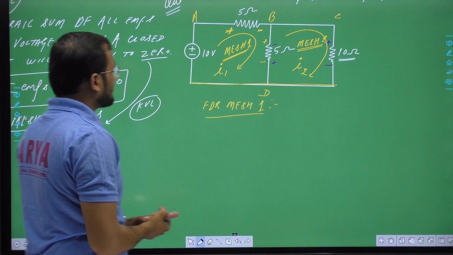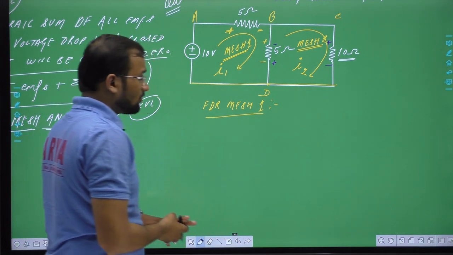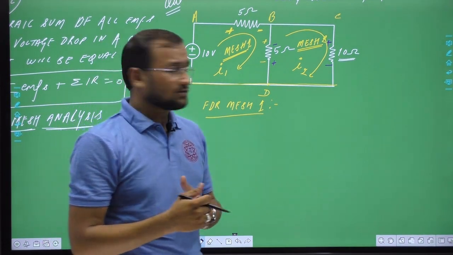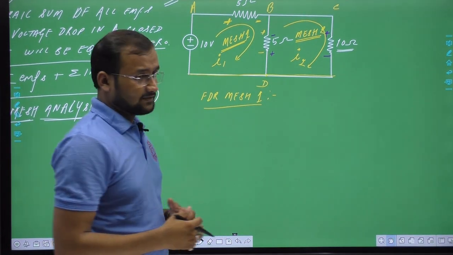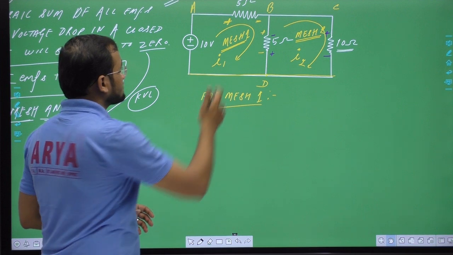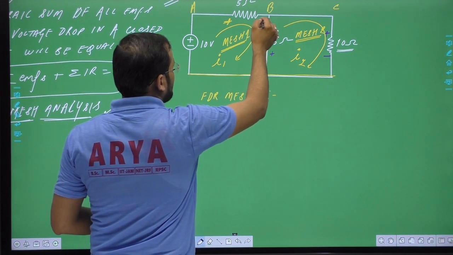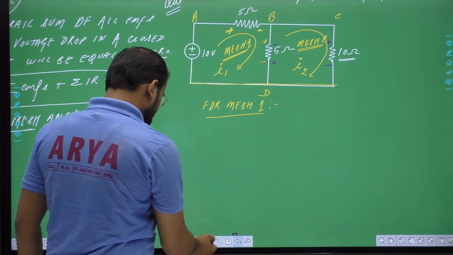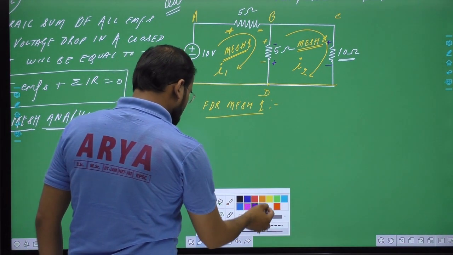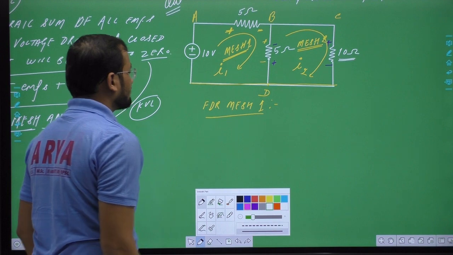When I am going to apply KVL, people take two different types of sign convention. I will use the leaving sign. Some may use the entering sign. Both are correct.